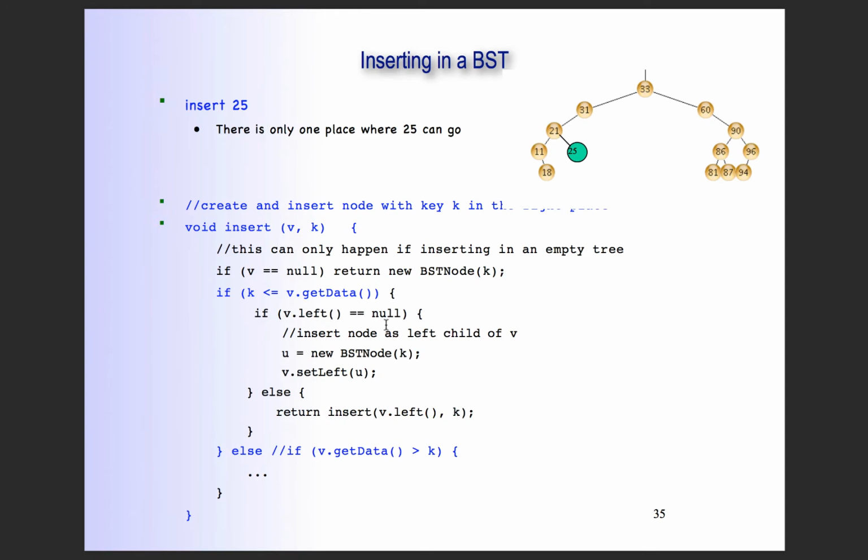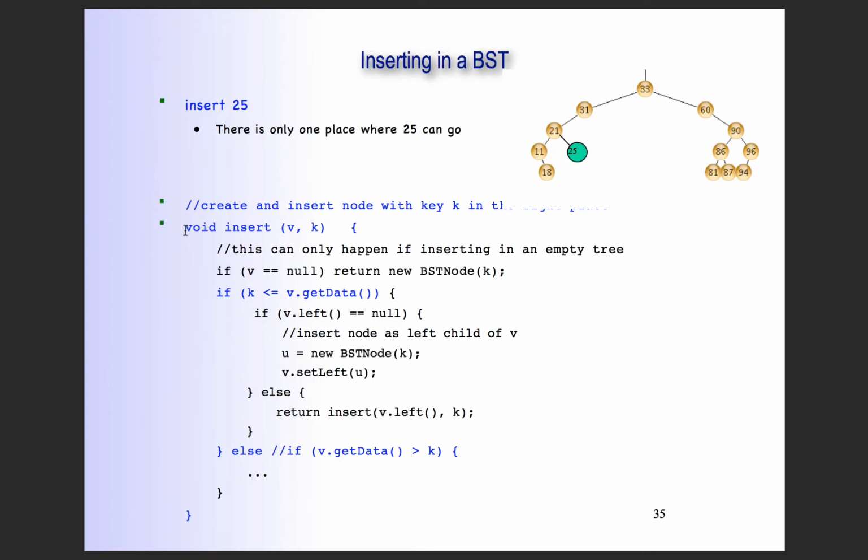We have seen that the search algorithm has big O of h complexity. Probably the insertion also has big O of h complexity because it's similar to the searching algorithm. Because in order to insert something, you have to find the appropriate position where you can insert the data.